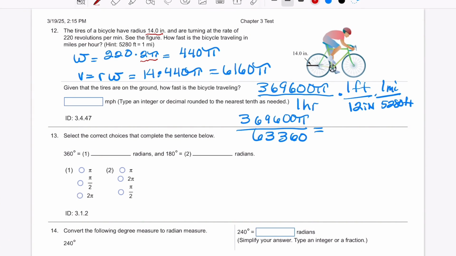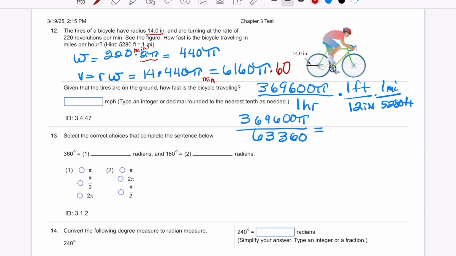So we needed to multiply. I must have missed writing that down. Because this is in minutes right here, we needed to multiply by 60 to get hours.